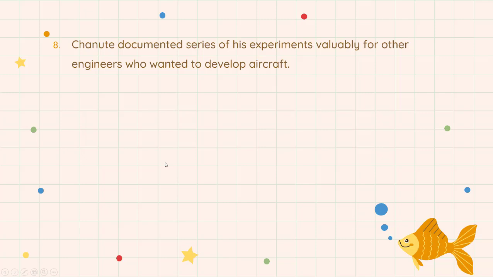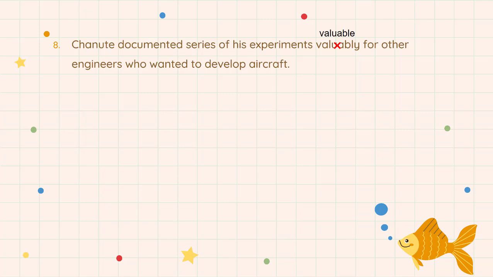Jeannot documented series of his experiments valuably for other engineers who wanted to develop aircraft. Yes, valuably. It is an adverb. It is okay actually, because if you want to explain documented, you need the adverb. But again, in this sentence, the meaning is the experiments which are valuable for other engineers. That's why we need the adjective.